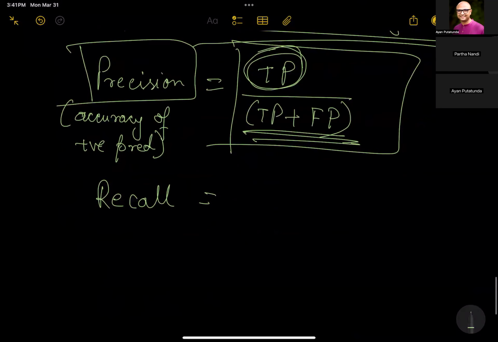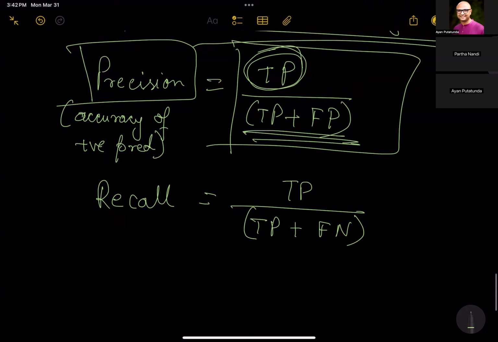So in the denominator, if we have to find how many times this works fine, this is nothing but true positive plus false negative. What was the actual number of true positive results? So this is a measure of how many were identified correctly by the machine.